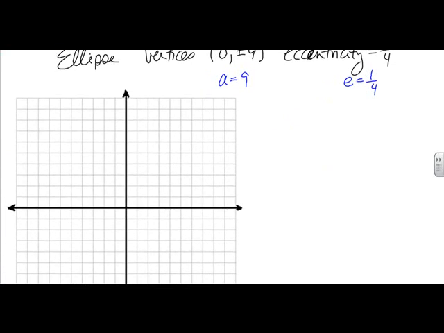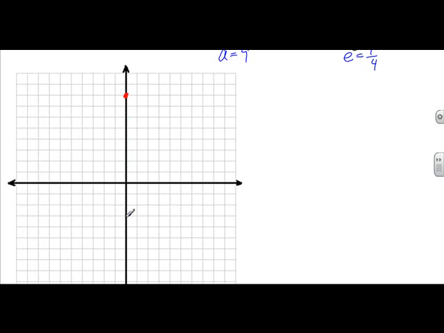Okay. I have a vertex at 0, 9, 1, 2, 3, 4, 5, 6, 7, 8, 9. That would be here. And another vertex at 0, negative 9. 1, 2, 3, 4, 5, 6, 7, 8, 9 here.